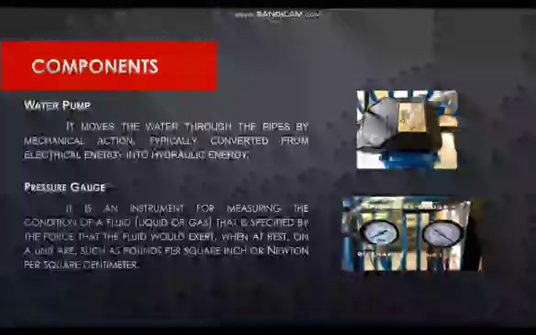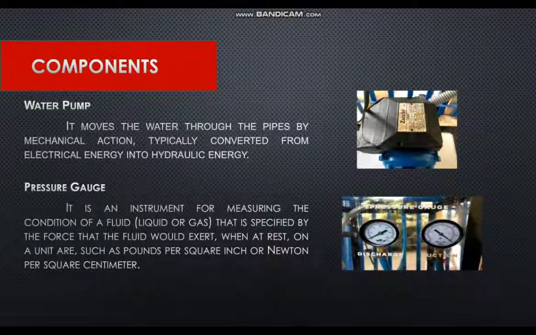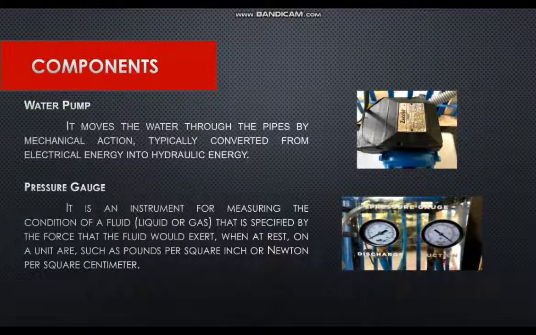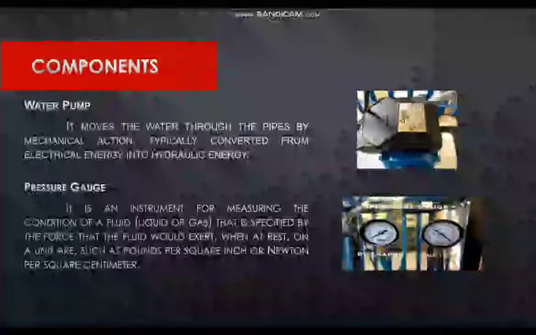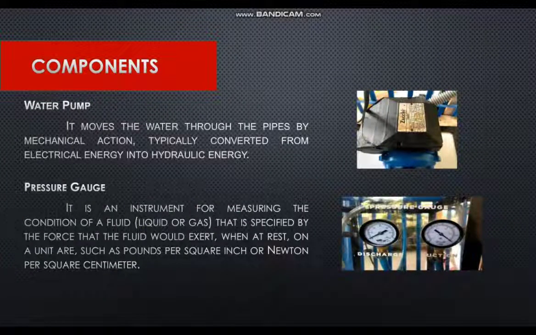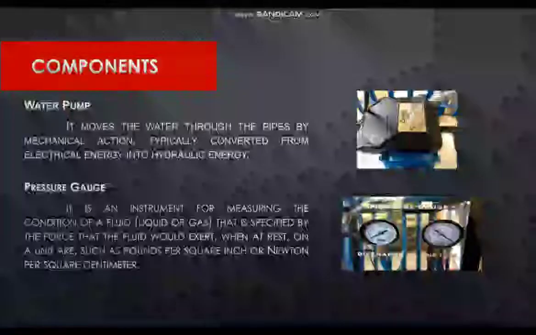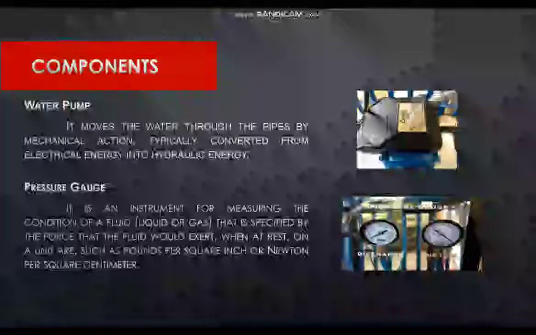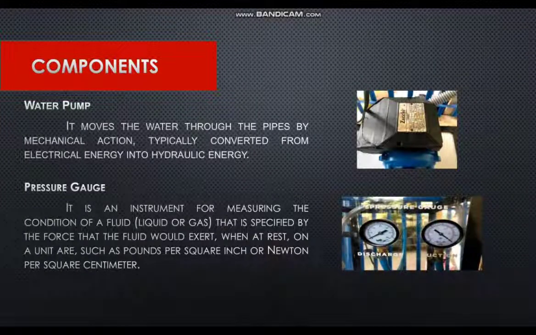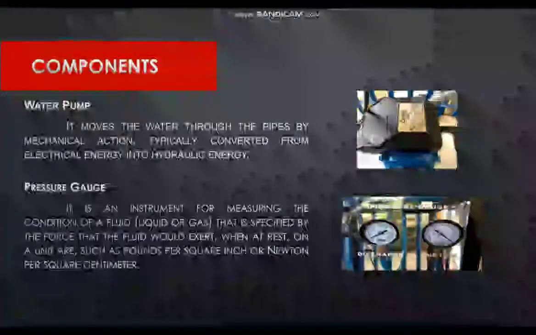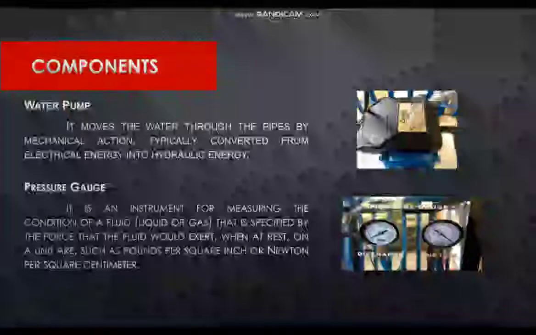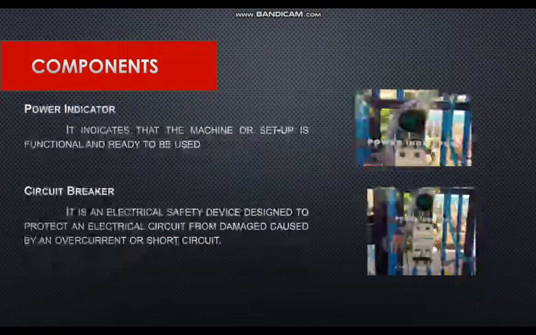It moves the water through the pipes by mechanical action, typically converted from electrical energy into hydraulic energy. The pressure gauge. It is an instrument for measuring the condition of a fluid that is specified by the force that the fluid will exert when at rest on a unit area, such as pounds per square inch or Newton per square centimeter.